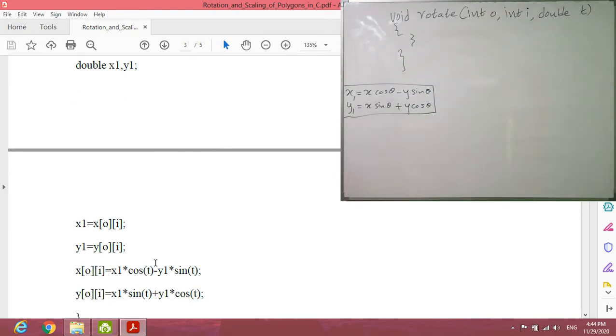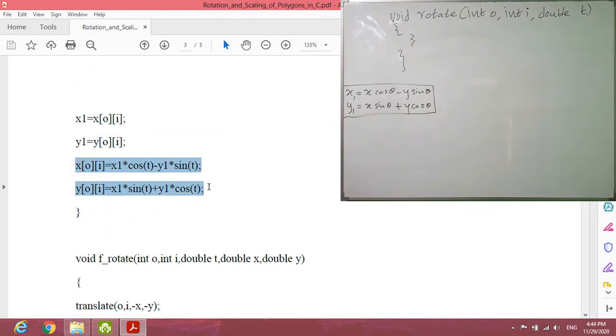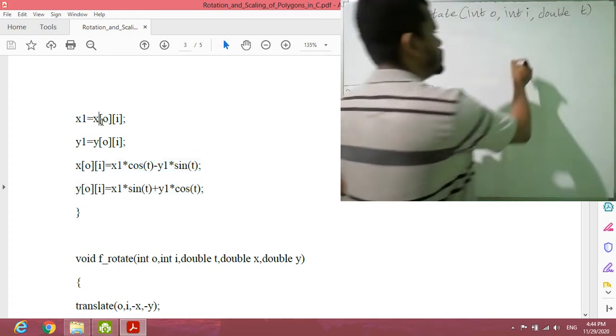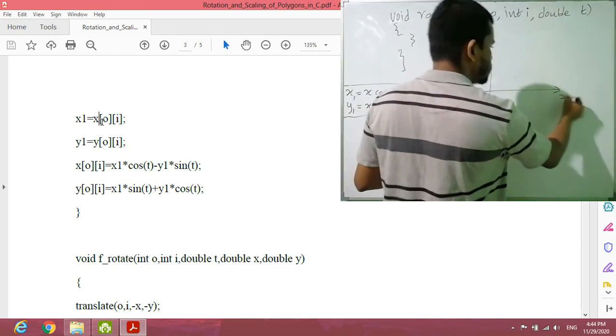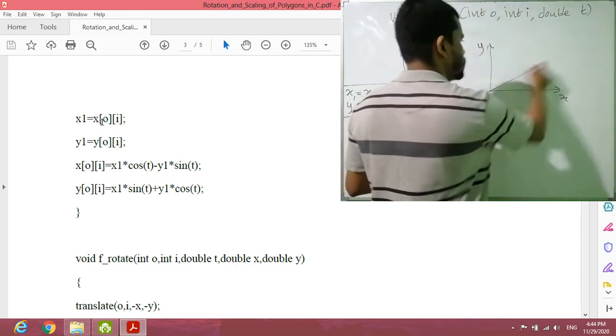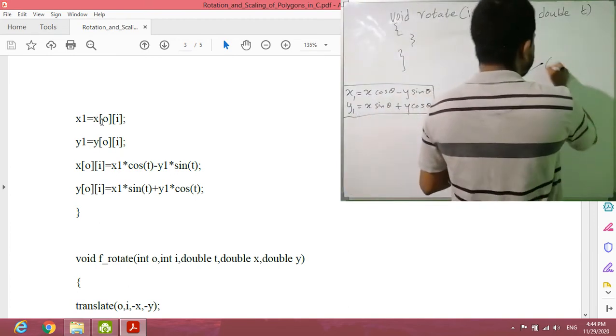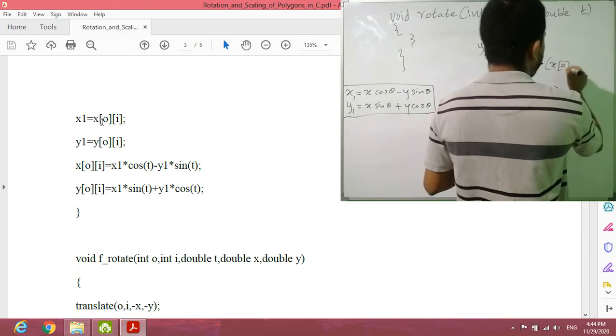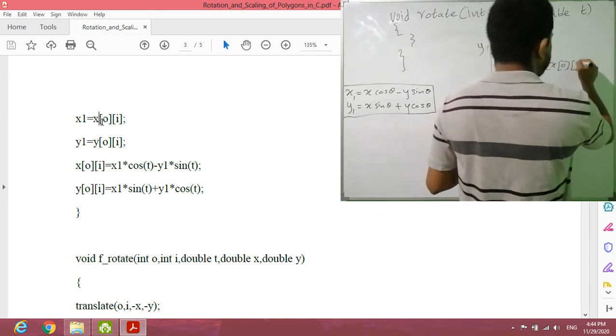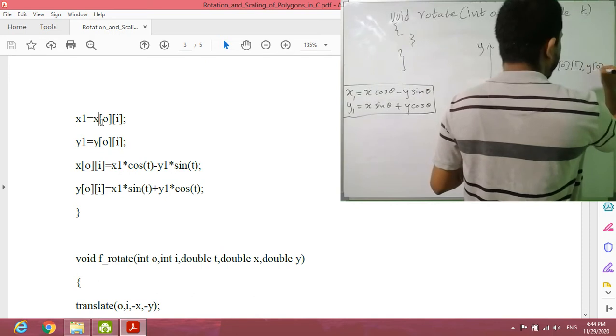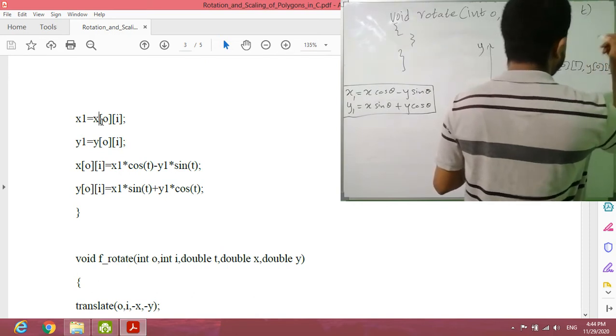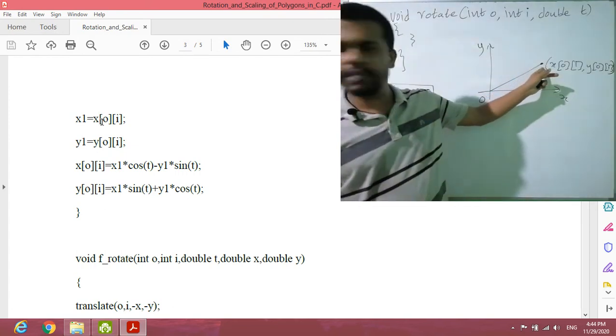Now this one I will explain later. Now here you see these equations. To this one we have the original coordinates. Now if you consider our point here, this is our x[o][i], y[o][i]. These are the coordinates of this particular point.